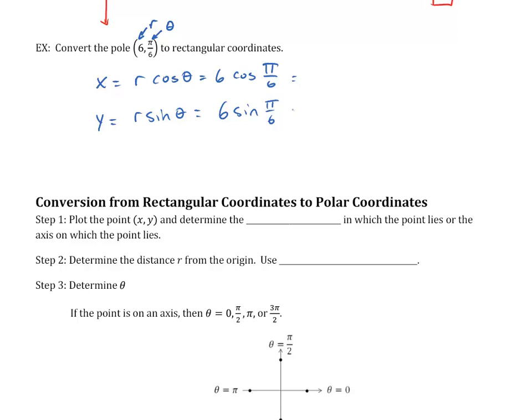And of course we know our sines and cosines for pi over 6. Cosine is square root of 3 over 2, so we get 6 times square root of 3 over 2, and sine of pi over 6 is 1/2, which gives me 3 square roots of 3 and 3. So my coordinates in the rectangular coordinate system would be 3 square roots of 3, comma 3.